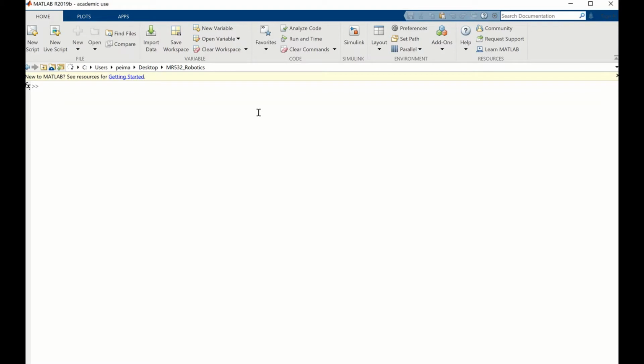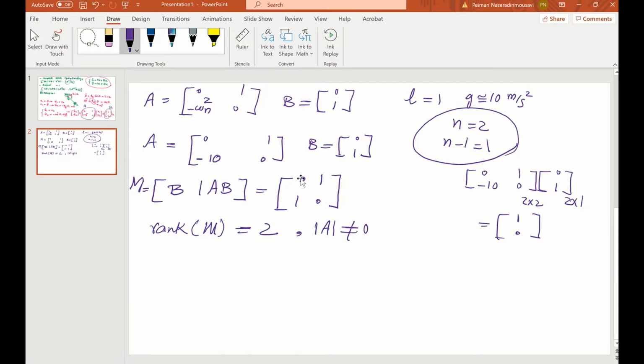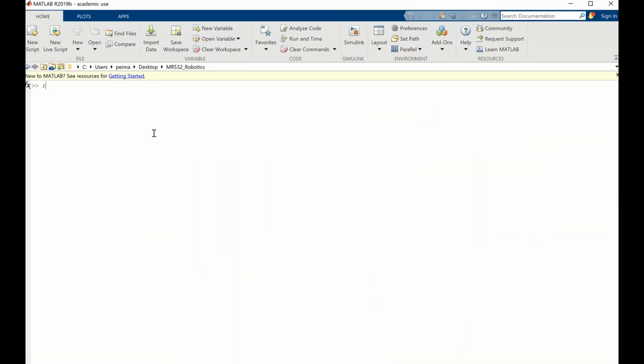Okay, so see, if this is your matrix 0, 1, 1, 0, that's right, the rank of 0, 1 and 1, 0.